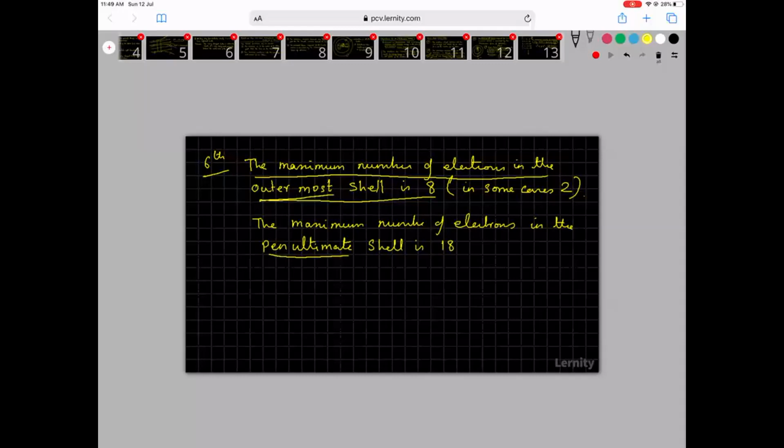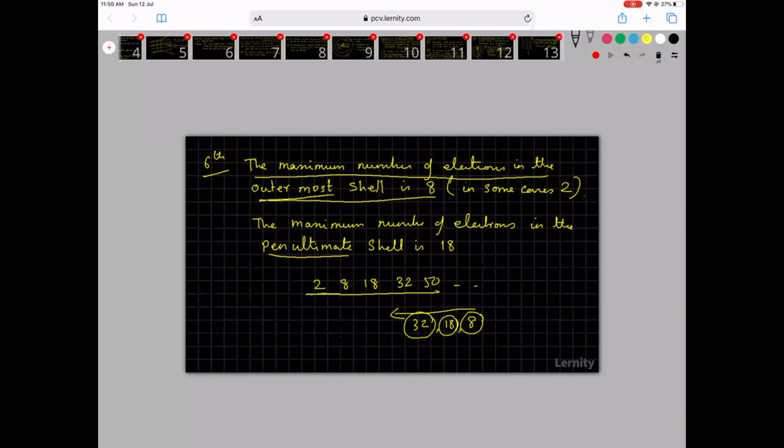So we go this way: 2, 8, 18, 32, 50, and so on. And going back this way: the outermost shell is 8, the penultimate shell is 18, the next one is 32, and it keeps going back.